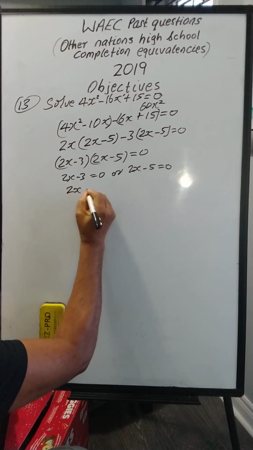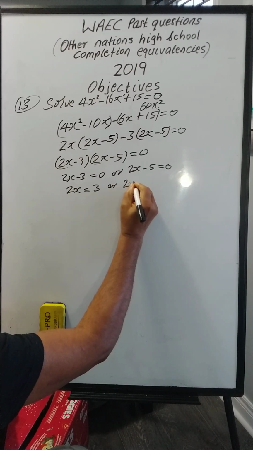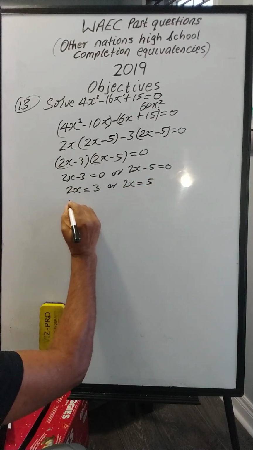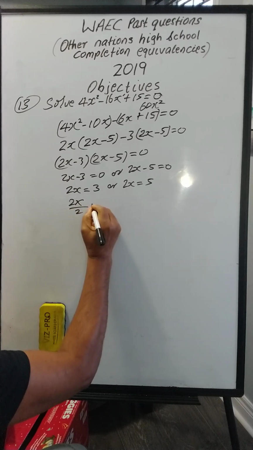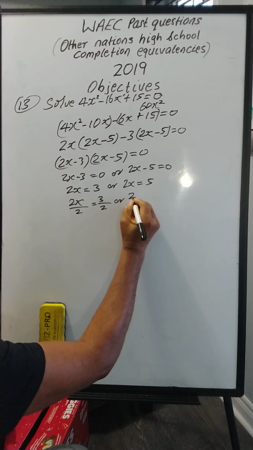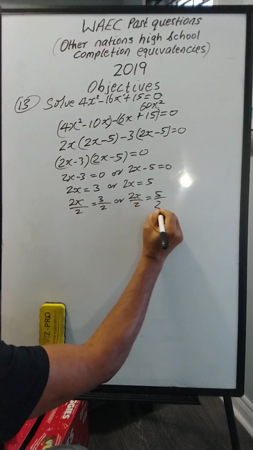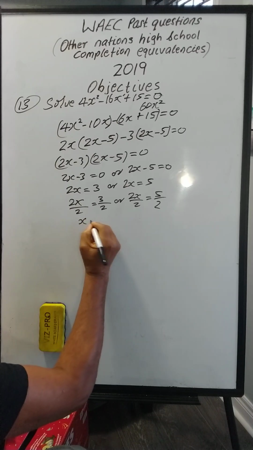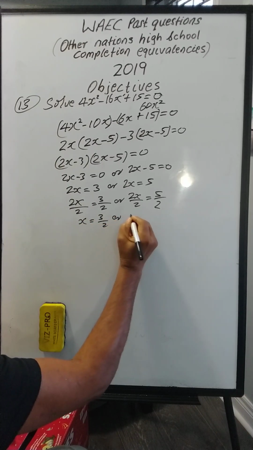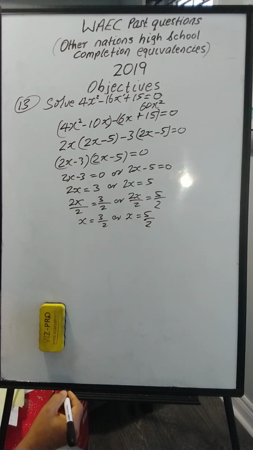That is 2x is equal to positive 3 or 2x equals positive 5. 2x divided by 2 will give us 3 divided by 2, or 2x divided by 2 will give us 5 divided by 2. Therefore, x is equal to 3 over 2, or x equals 5 over 2.